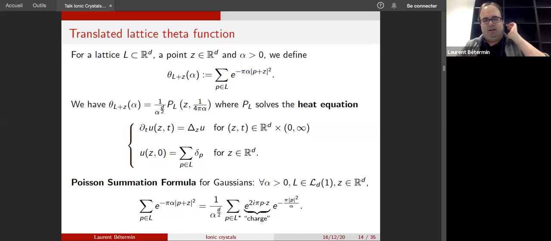This exponential function plays the role of charge for me here. Here it's complex, but when it's real, it will be a charge.